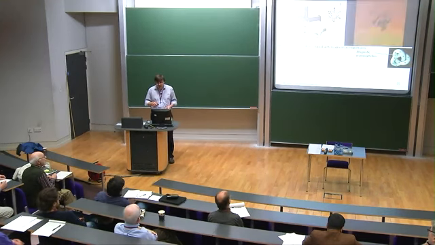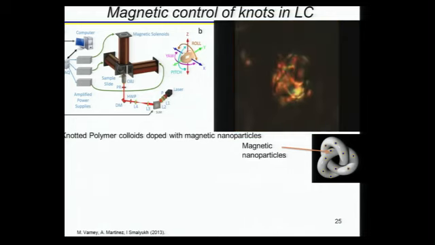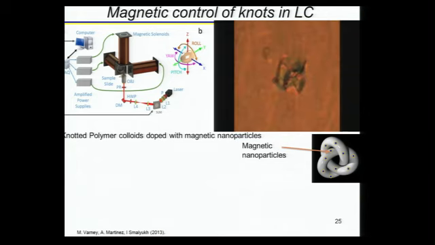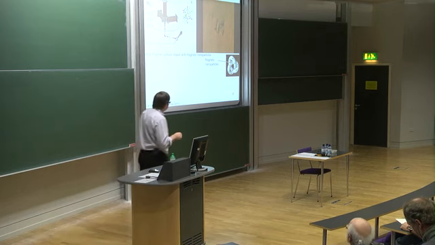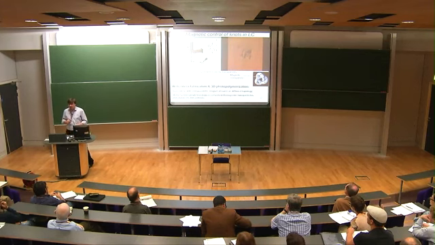The movie that you can see in here was rotated by means of strong magnets inside of liquid crystal, and you can observe the director structures as they change as you apply magnetic field. The reason we can do this type of control is because we introduced magnetic nanoparticles into the photopolymerized structure of the trifoil knot that you can see depicted in here. And then those now allow us for magnetic response of those colloids.